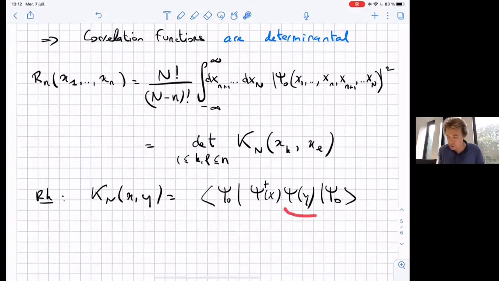This is the annihilation operator at point y, this is a creation operator at point x, and kn of xy is simply this correlation function. Psi dagger x, psi y, and you probably know that if I have a non-interacting fermion problem, then that means that in the second quantized form, the Hamiltonian is quadratic in terms of the creation and annihilation operators, and therefore you can apply the Wick theorem. So the determinantal structure is exactly similar to the Wick theorem.